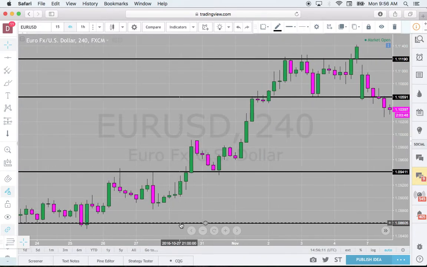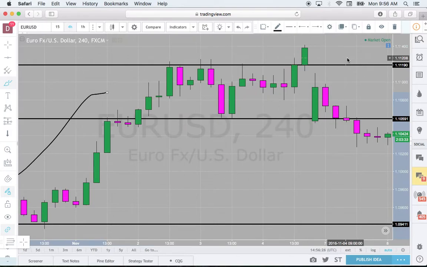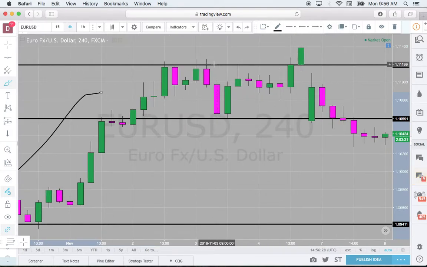So price comes up, consolidates here for a bit, and you draw your resistance right there. And since you're a retail trader and you are taught to trade breakouts of support and resistance, you bought the breakout of this resistance. You bought right here.